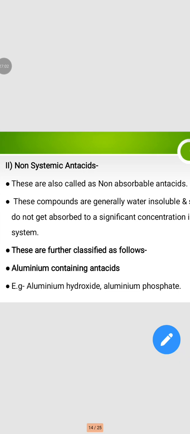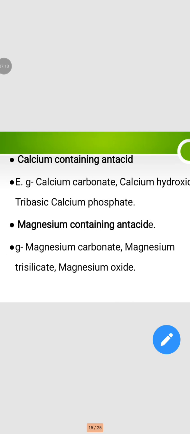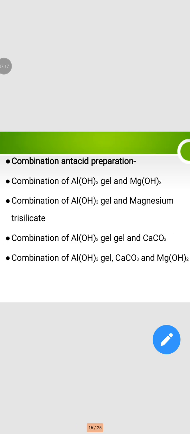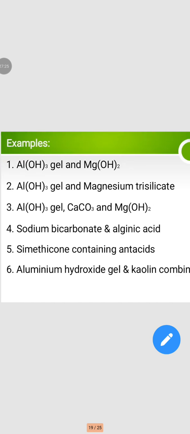Then second one is non-systemic antacids, which are non-absorbable. The non-systemic antacids are further classified as aluminum containing, calcium containing, magnesium containing antacids, and combination antacids. Some rationale behind the combination of antacid preparations.